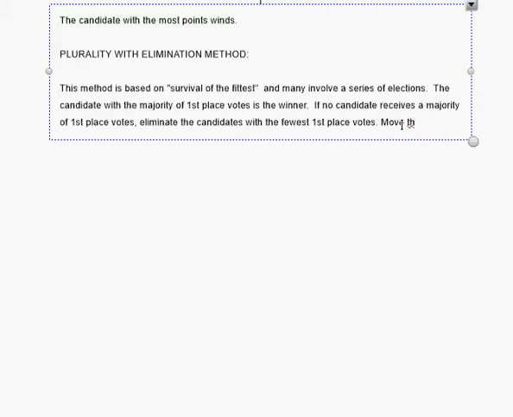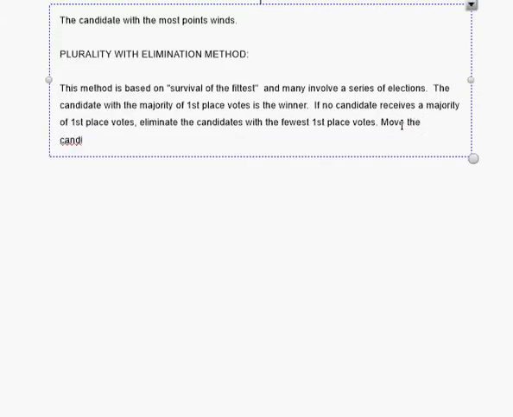Move the candidates in each column below the eliminated candidate up 1 place.